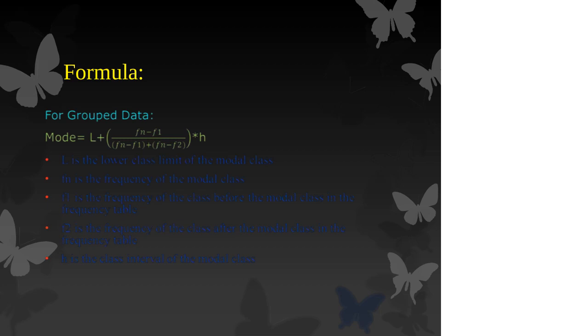This is when we have group data, whereby L is the lower class limit, n is the number of observations, CF is the cumulative frequency of the preceding class, or the preceding cumulative frequency.